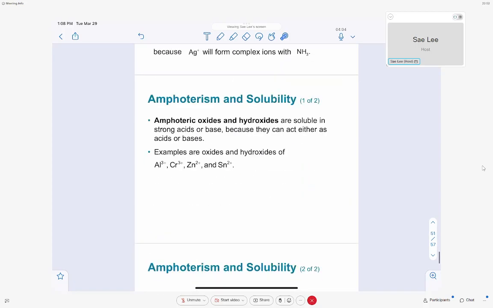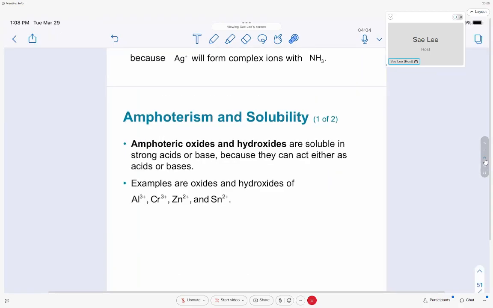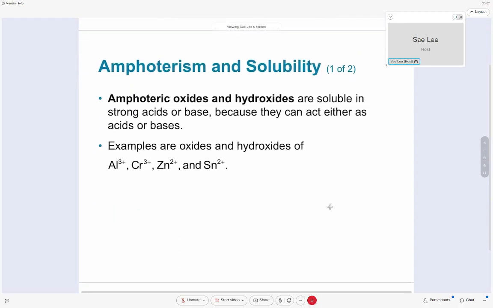Okay. So that's that. And then let me briefly introduce what amphoterism is. Some metal oxides and hydroxides that are relatively insoluble in water can dissolve in both strong acids and strong bases.